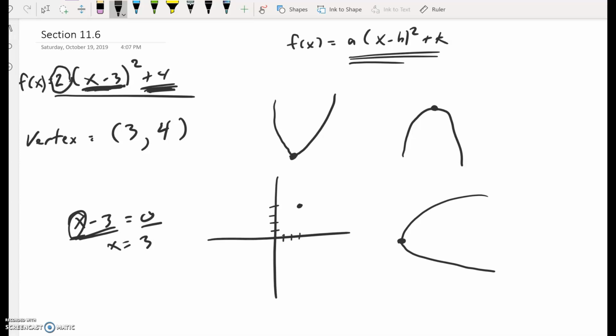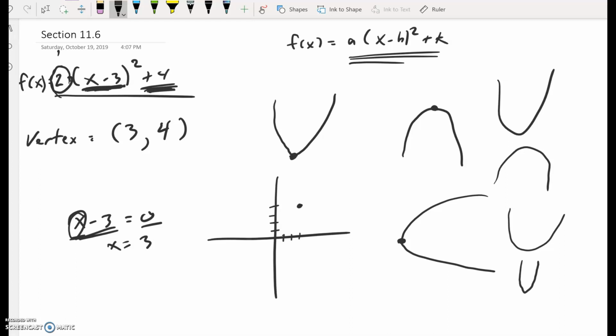When this number is positive, your parabola will open upwards like this. When this number in front that's being multiplied is negative, the parabola will open downwards. When this number's 1, the parabola has normal thickness. When it's more than 1, it starts to get thinner and steeper.